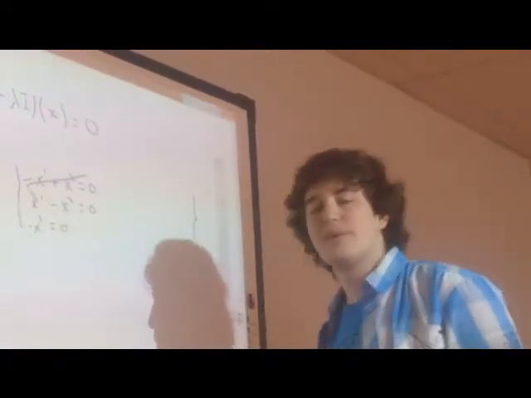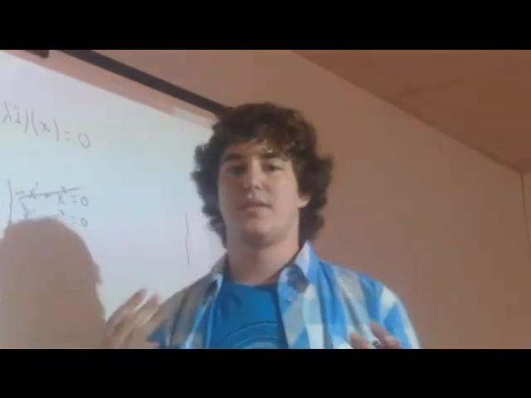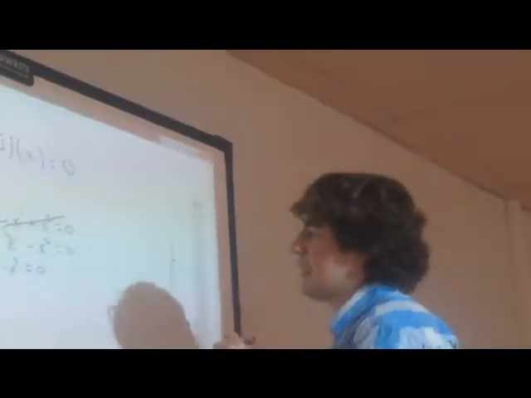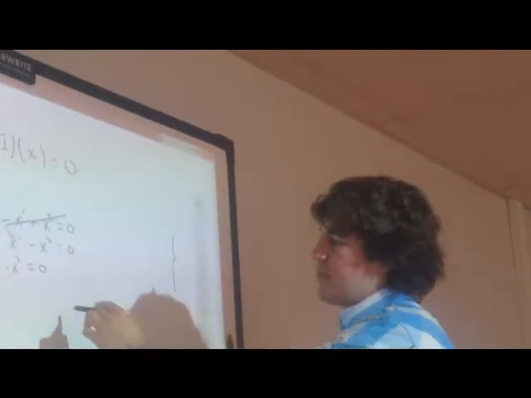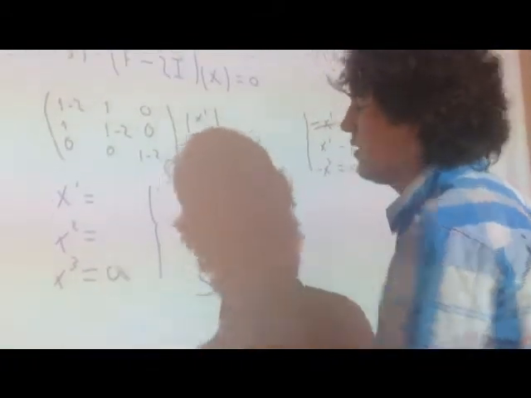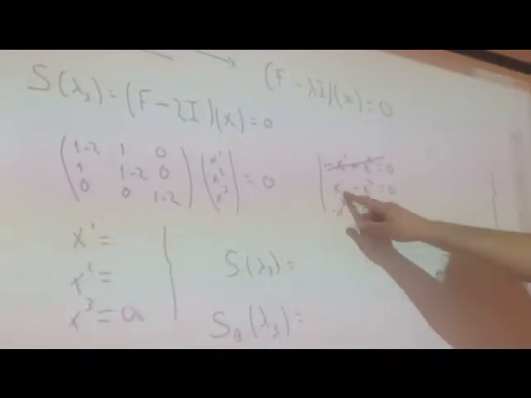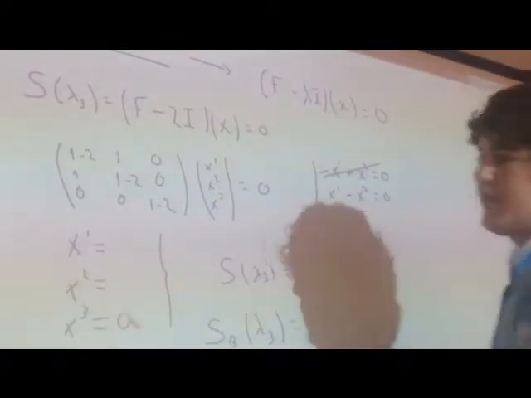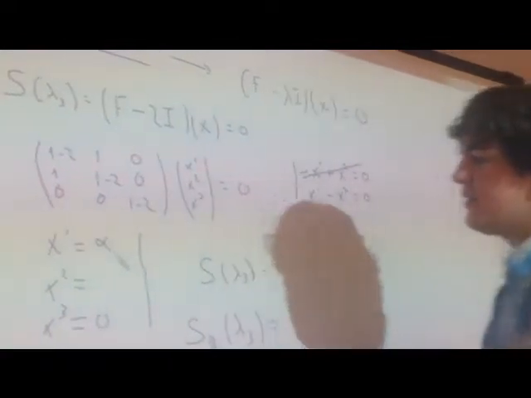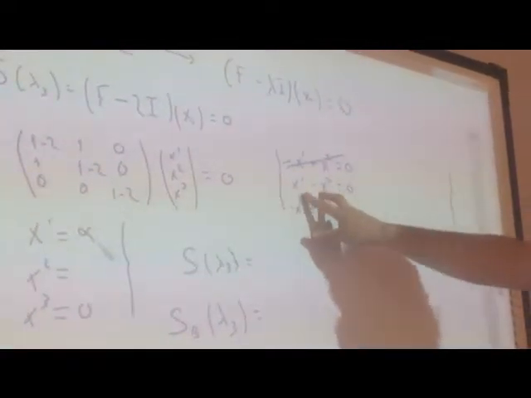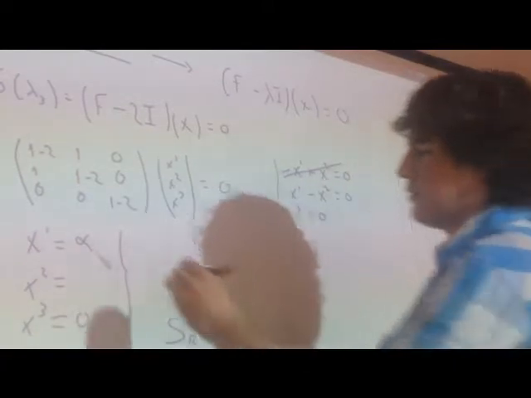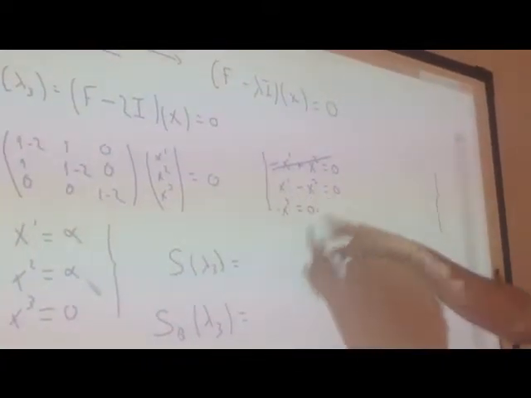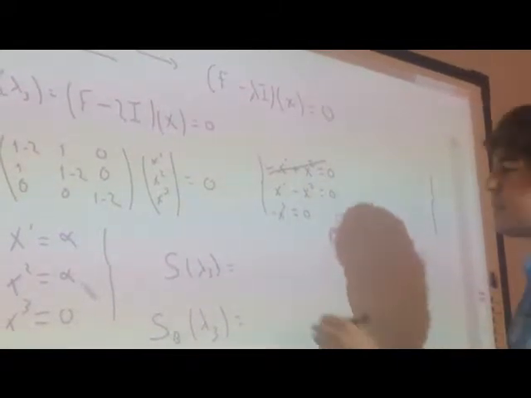So, we got 2 equations, 3 values, 1 degree of freedom. So, that's it. x3 is going to be 0, no big deal. And what's x1 and x2? Well, we can assign one parameter to x1, for example, which is going to be alpha. And x2 depends on x1, so it's going to be alpha as well, because x1 equals x2 here in the equation, so they are both alpha.